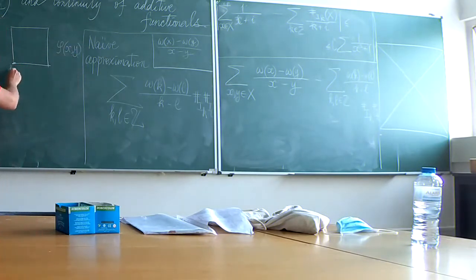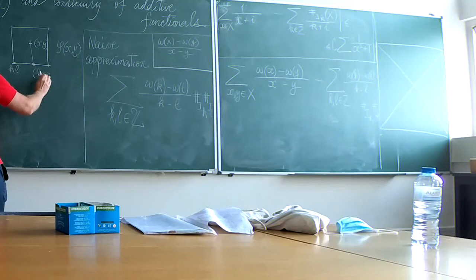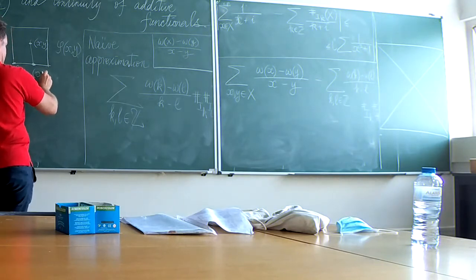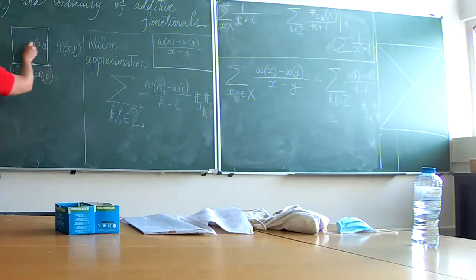This is my point. So I take the value of the function at kx, ky, excuse me, this is xl. Here I have k, this is x, yeah.